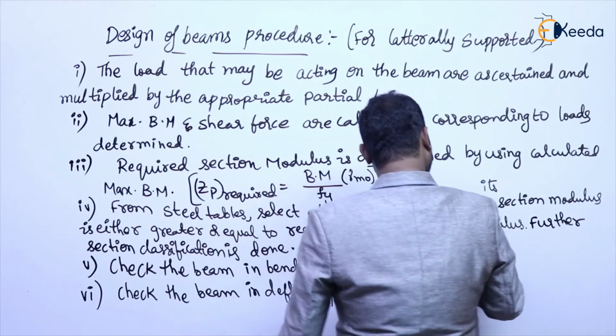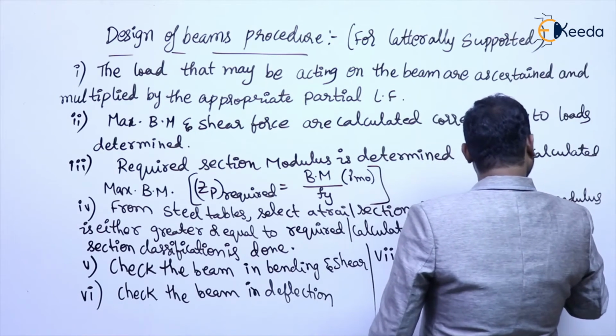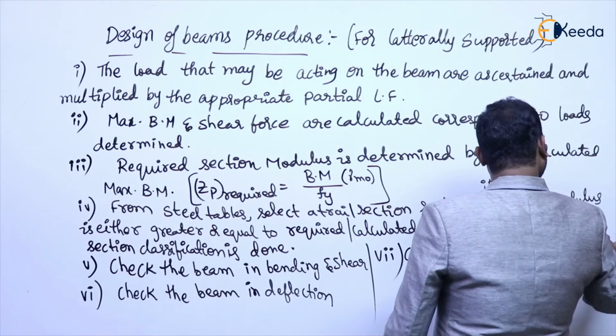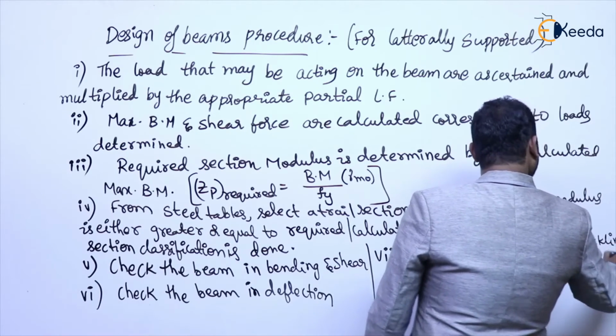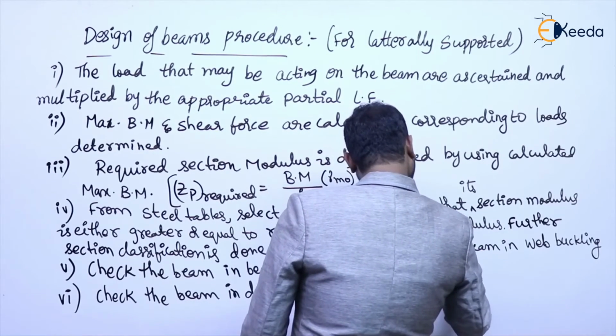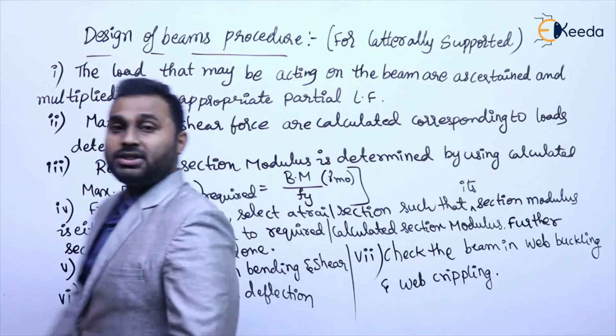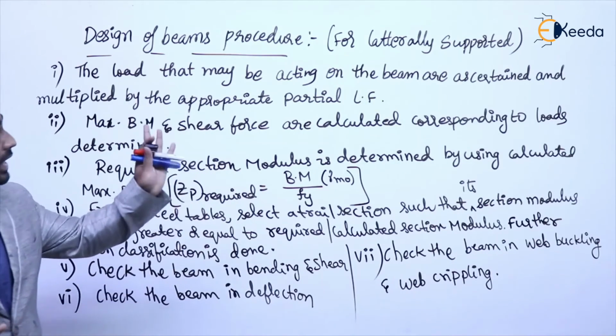Check the beam in web buckling and web crippling. So this is the total design procedure for laterally supported beam.